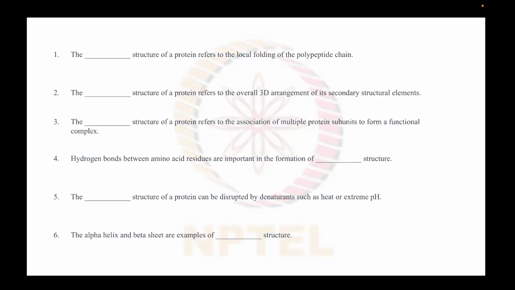Then I have the third one: what structure of a protein refers to the association of multiple protein subunits to form a functional complex? This association of multiple protein subunits to form a functional complex.